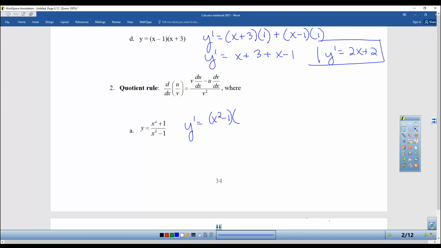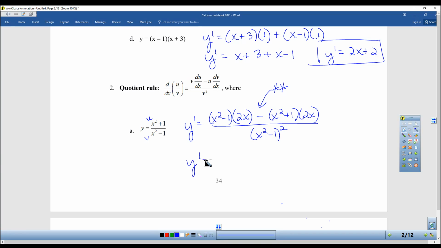The bottom times the derivative of the top. So u is always the top and v is always the bottom. So the bottom times the derivative of the top minus, this is where people go wrong, minus the top times the derivative of the bottom, all over the bottom squared.